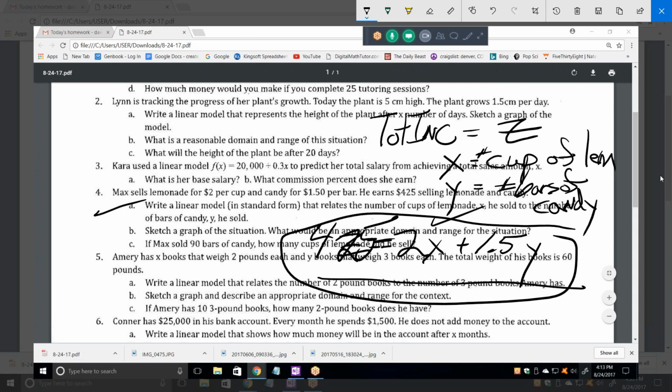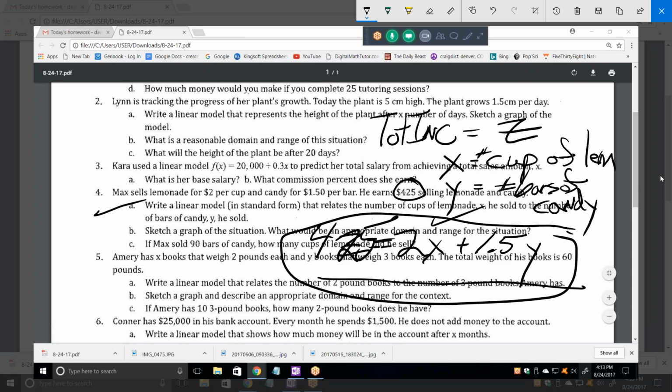So now we have a linear model. If you didn't know she made 425, you couldn't call this a linear model. But knowing she made exactly 425 allows us to write it in terms of 2 variables. That makes it linear.